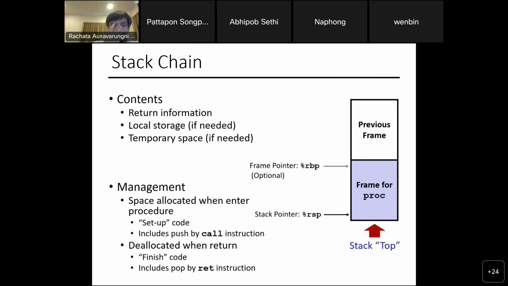When you need to call a function, you set up anything you need to save, put it there, make sure it's safe, then push the program counter by the call instruction. And when you are about to finish the function call, you have the finishing-up code to make sure that if you saved something, you recover it before you return.